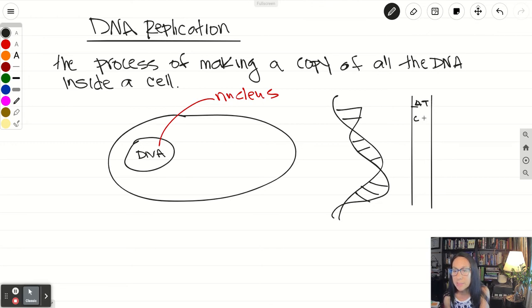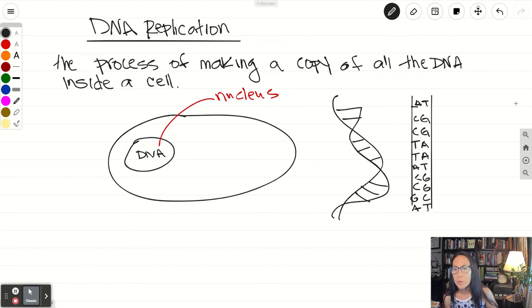Okay, and let's say I have a C here, it binds to a G. Let's say there's another C, and here's a G. Let's say this is a T, this is an A, another T, A, T. Let's say this is just an example of a DNA strand. Let me just put some more bases on here. So this would be G, this would be G, C, T, okay? And so each rung on this ladder represents two bases. So it's called a base pair because there's two together.